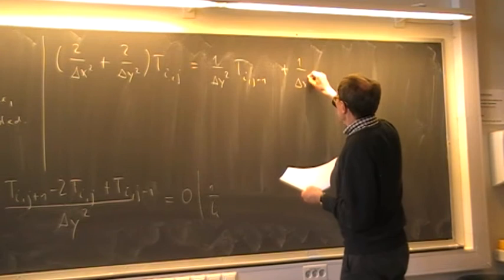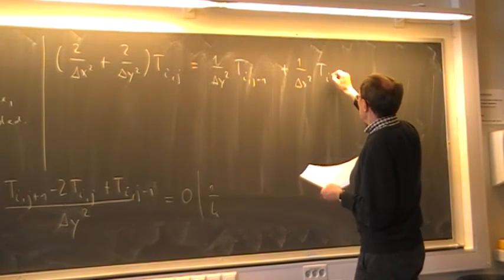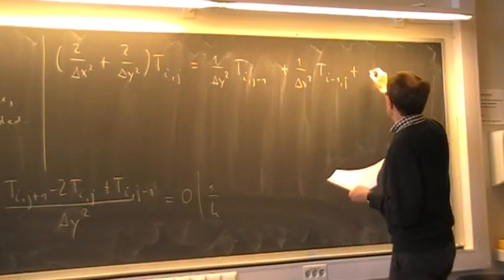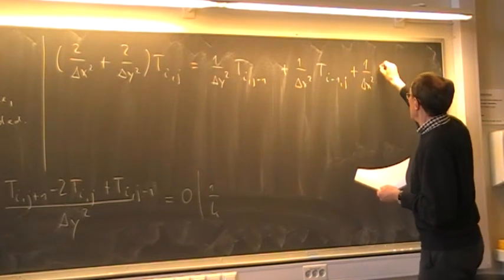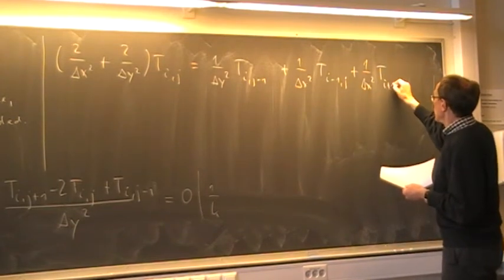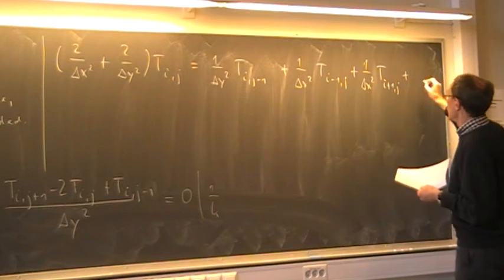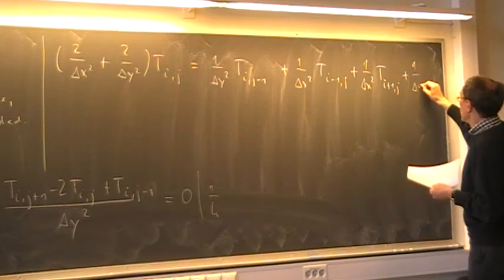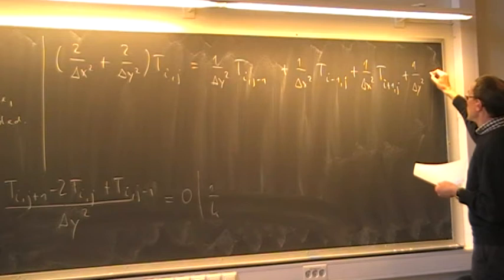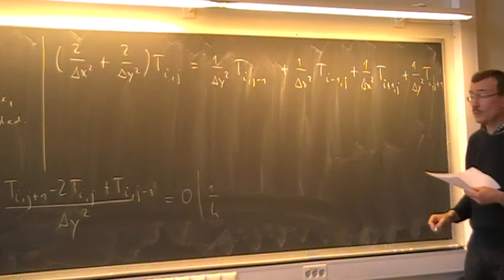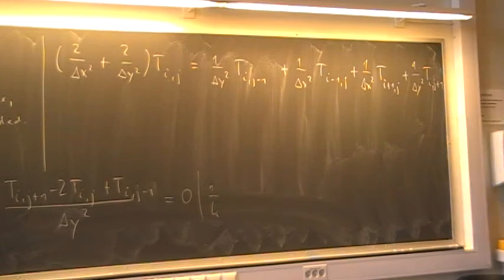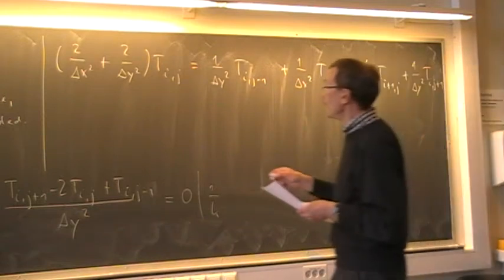That will be 1 over delta x squared T i minus 1 j plus 1 over delta x squared T i plus 1 j, and the north would be 1 over delta y squared T i j plus 1. So that would be the equation that we get in this form. And then we can identify the coefficients very easily.